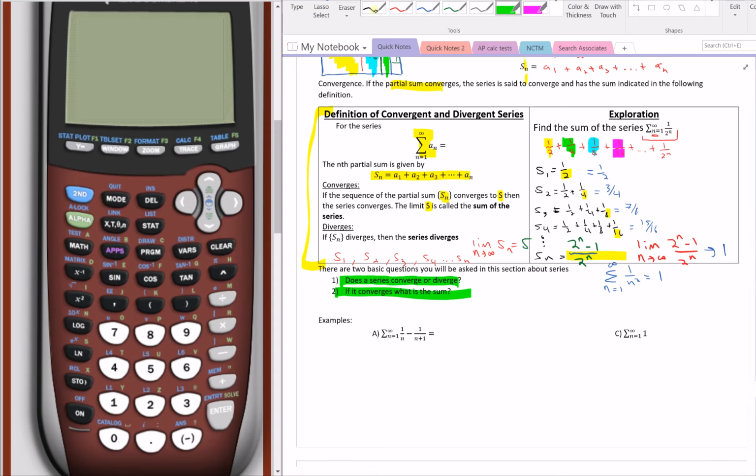All right, so let's do this next example. We're going to go ahead and just start with our partial sums. We're going to find the first partial sum, which means you plug in 1, and you just write the first term. So this is going to be 1/2 minus, no, sorry, I'm jumping ahead. If I plug in 1, I get 1 minus 1/2. If I plug in 2, I get 1/2.